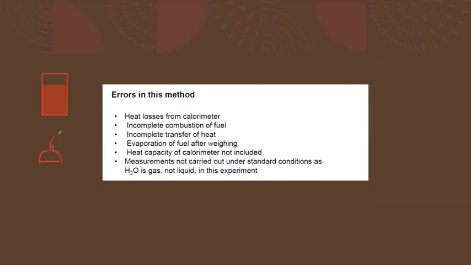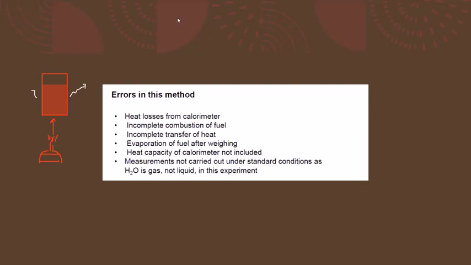When we burn it, it releases energy, and that energy is absorbed by the water, and it shows a change in temperature. So the problem here is heat loss from the calorimeter, because maybe the calorimeter absorbed heat energy, but it's not transferring all of its energy to the water. Some of the energy is lost to the surroundings.